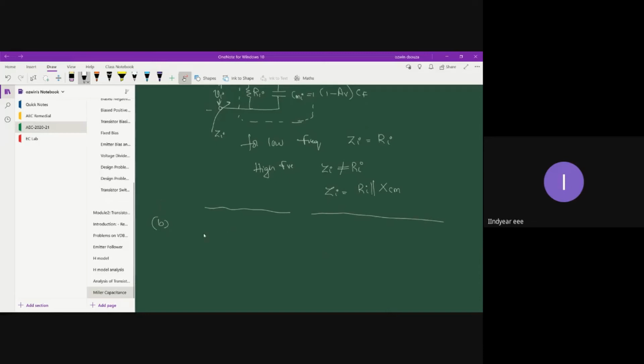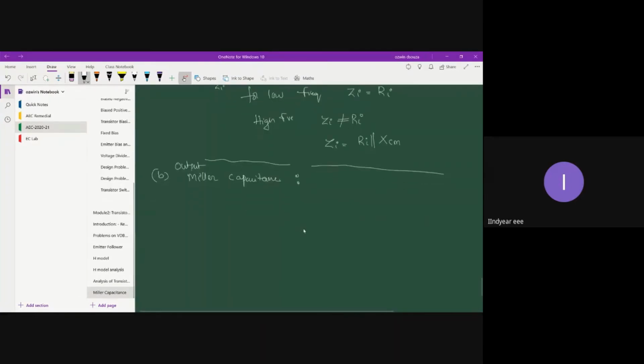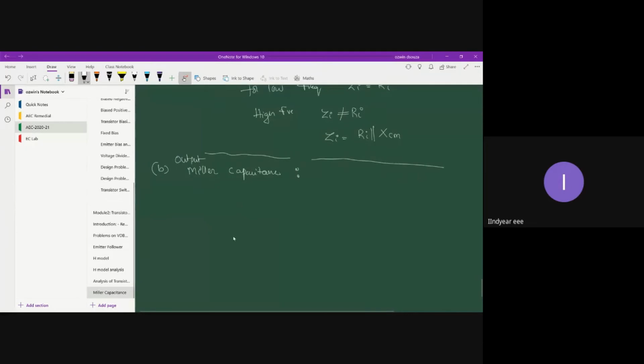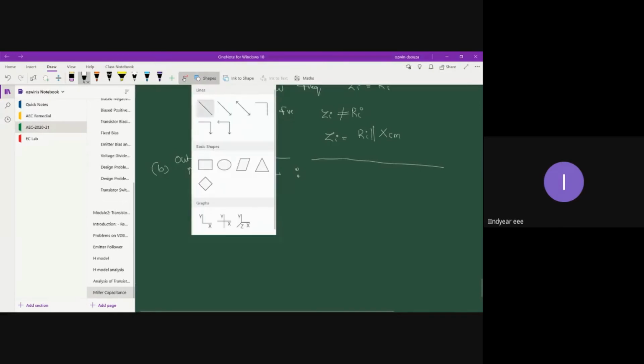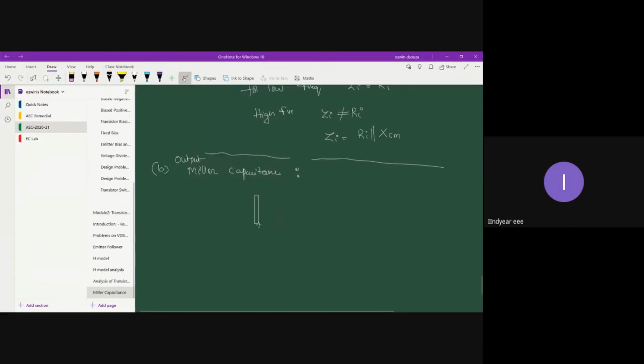So now we will try to derive an expression for Miller capacitance by looking at the output terminal. We will call it the output Miller capacitance. The analysis remains the same, just that we are going to change the current directions. Now we are looking from the output terminal to the input terminal.